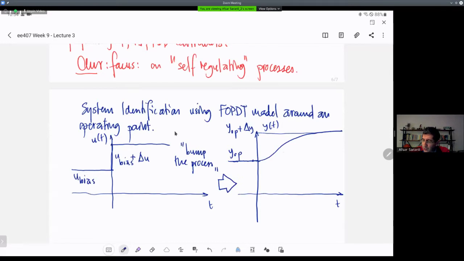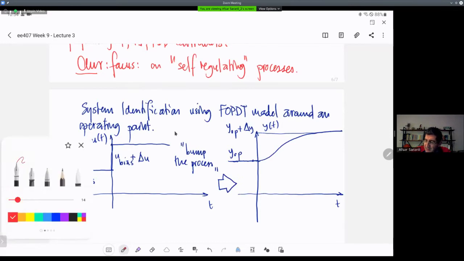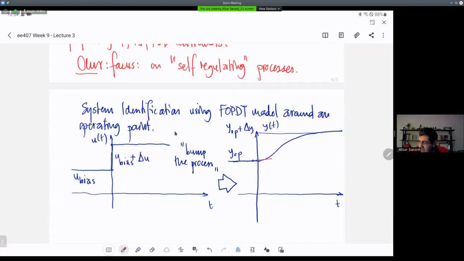Okay, so what we are trying to do, again, I repeat, is to identify this response in terms of first a delay, and then essentially a first order response that converges to a new value. So this we will identify as our delay, and also we will identify a time constant. Okay, so we need to find out our process gain, the process time constant, and the process dead time or time delay.